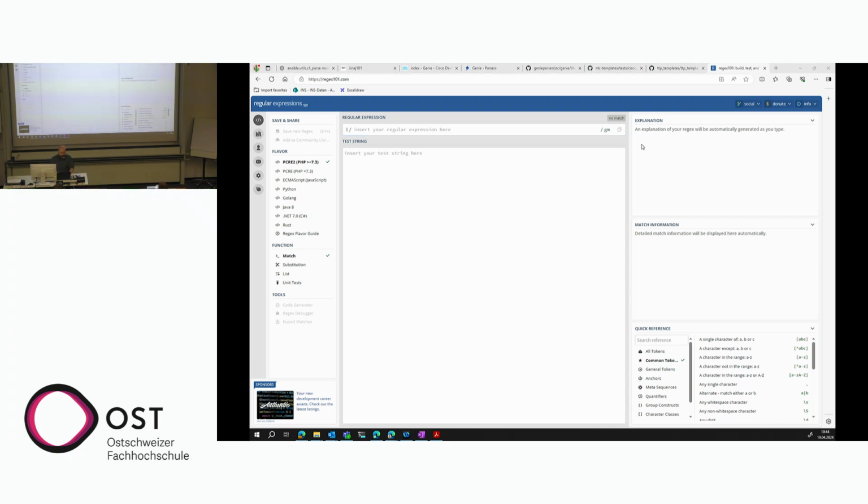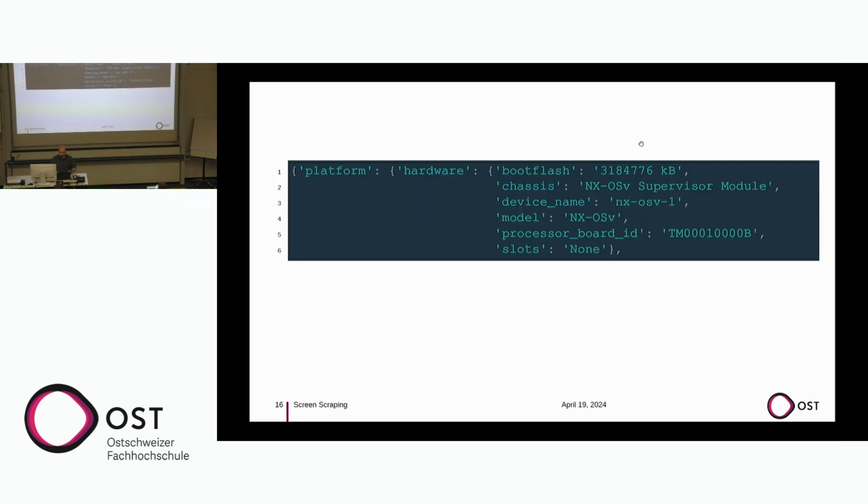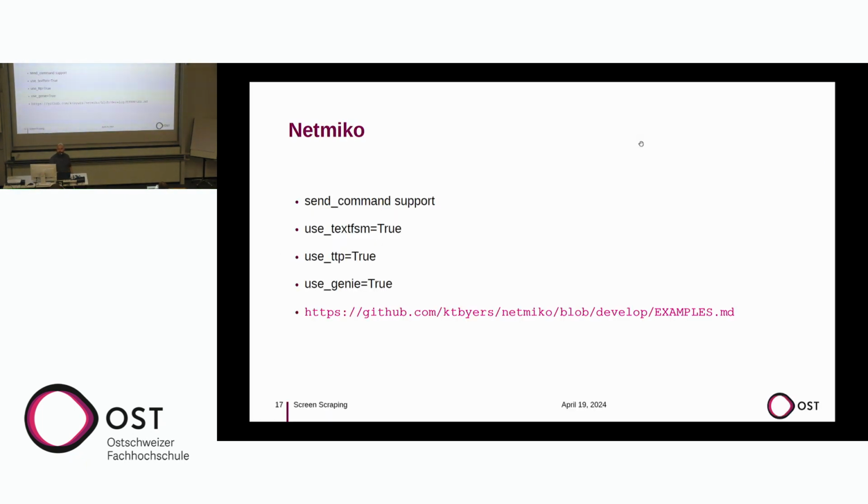But yeah, if we have screen scraping, you have to be aware that this can be one of the parts. So what I was mentioning was Netmiko, because we were already using Netmiko, or maybe you were using NAPALM, that's also fine. But if we are talking about Netmiko, there is the option that in the send command we can just define use TextFSM.